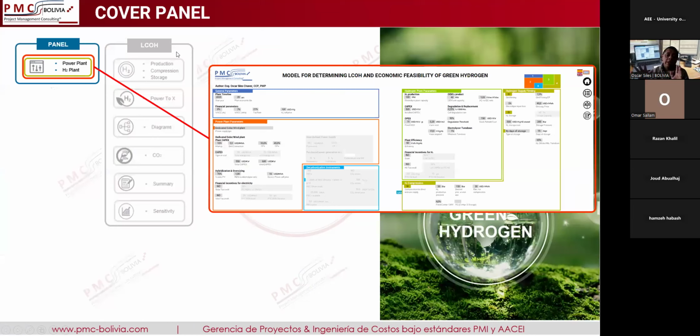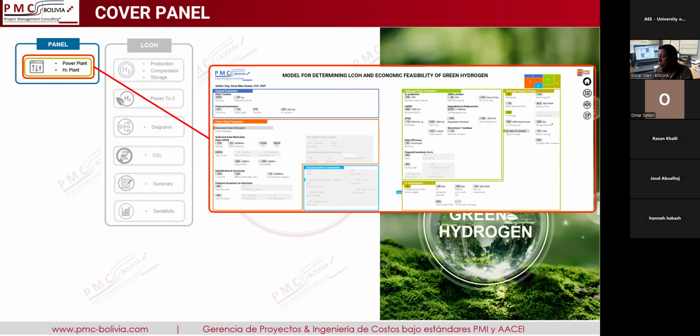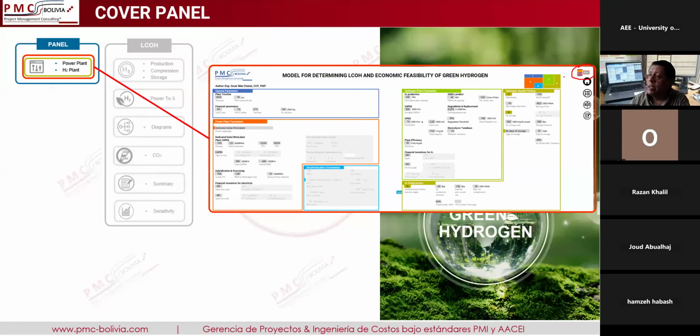So we can screen the panel. For example, you can see this panel. This is the screen. In a short time, I will show you the online application. In this case, please let me use the pen. We can choose the language; the model works in Spanish and English.